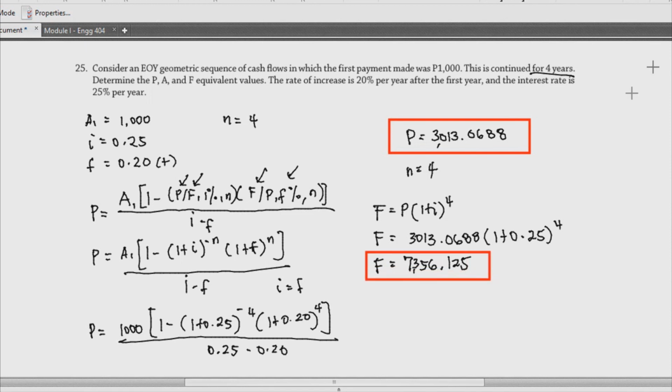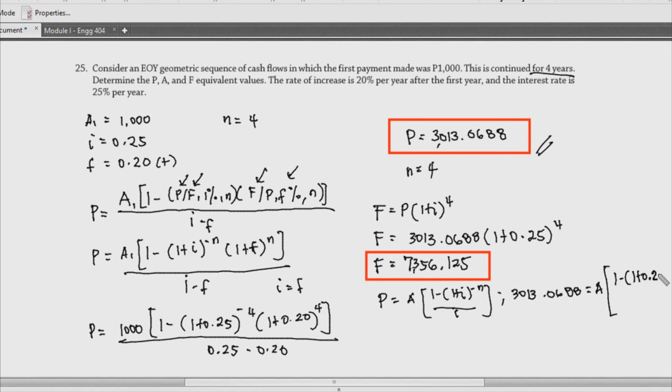Okay? And finally, for our annuity, we could just use the original equation here, our P. So, if we want to find A, P is equal to A times the quantity 1 minus 1 plus I raised to negative N over I. Therefore, we have 3013.0688 equated to A times 1 minus 1 plus 0.25 raised to negative 4 over 0.25.